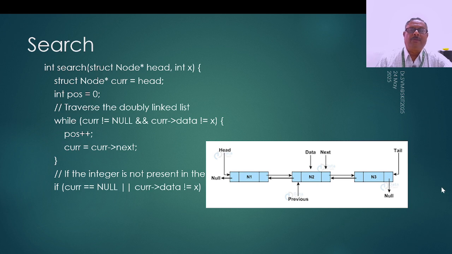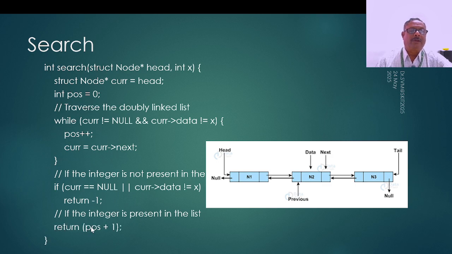That means we have reached the end and still we have not got the value we are looking for. In that case, just return -1. That means we have reached the end and could not find the value anywhere. Therefore, we return -1 saying that sorry, we could not find the value in the list.